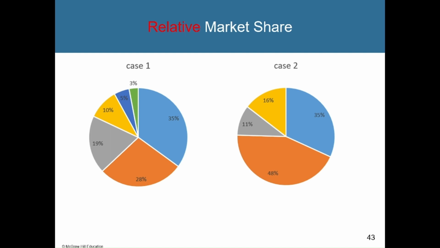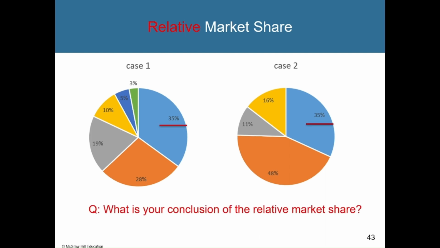In case 1, your biggest competitor is another firm which accounts for 28% of the market share. By comparing your market share with this largest competitor, our conclusion of the relative market share that you have would be high. But in case 2, your largest competitor accounts for 48% of the market share.